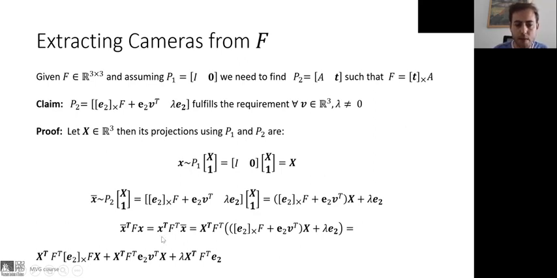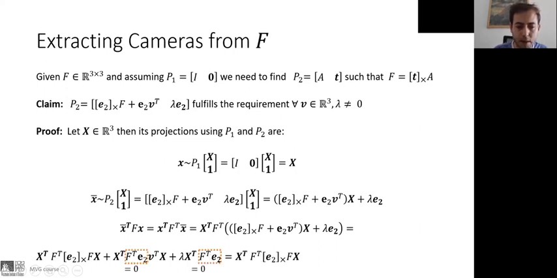So the first one is resulted by multiplying X transpose F transpose with this part and X. The second one is resulted by multiplying this part with the epipole e2, v transpose times X. And the third part is just multiplying this with lambda e2. So we get three terms.